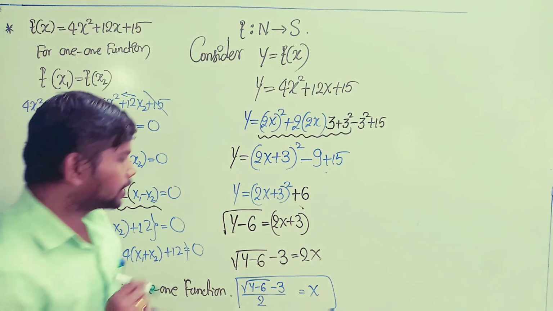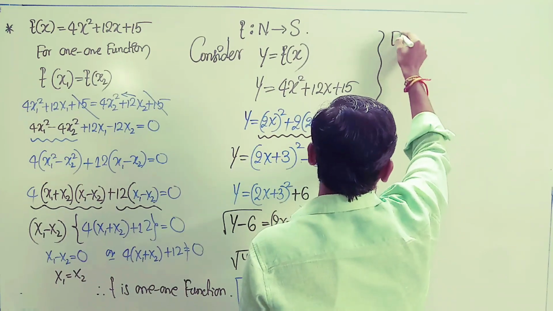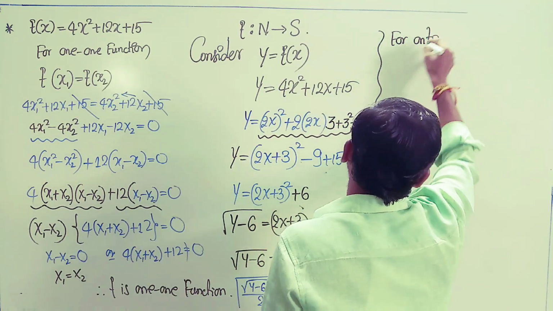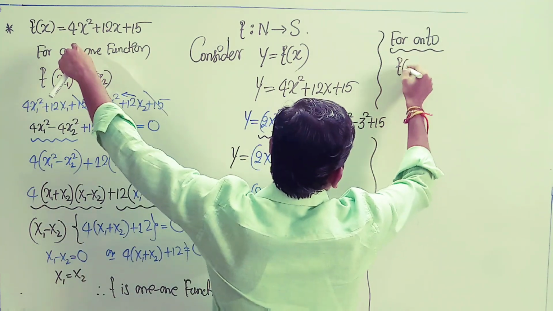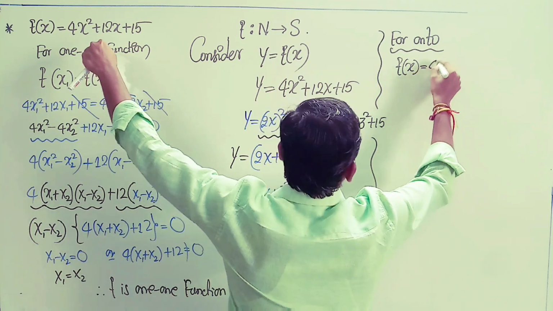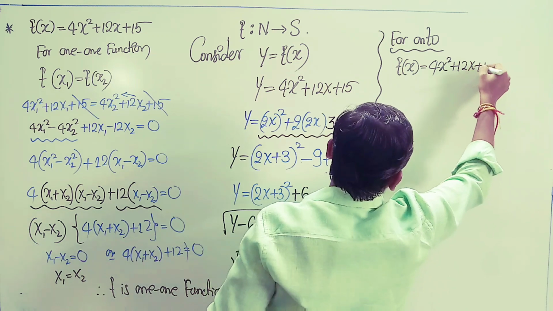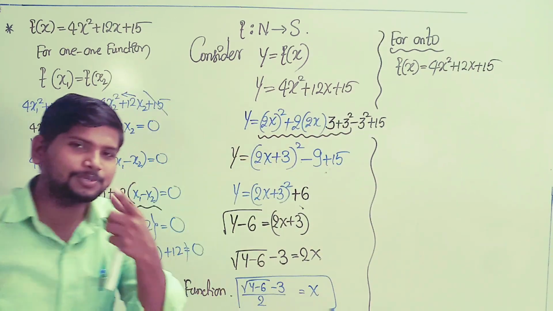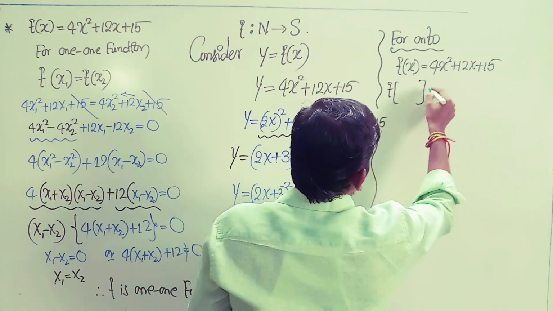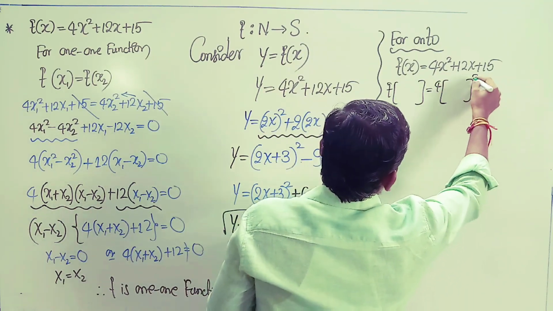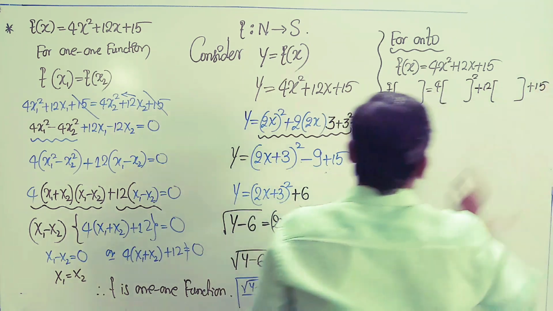Got it? Now, after getting x, what do I need to do? I need to calculate for onto now. For the onto, I need to write the given question as it is, no change. f of x equal to 4x square plus 12x plus 15. Got it? After this, you know it. Just keep the x space empty: 4x space empty plus 12 x space empty plus 15, we have to write.